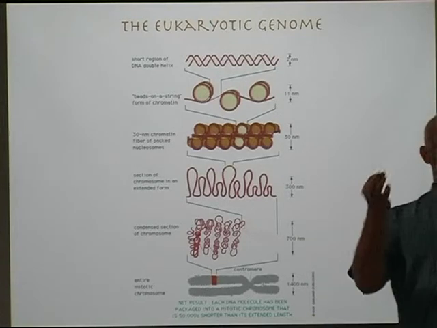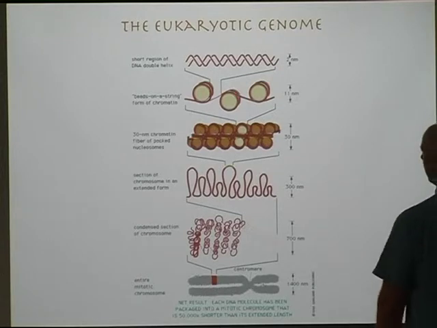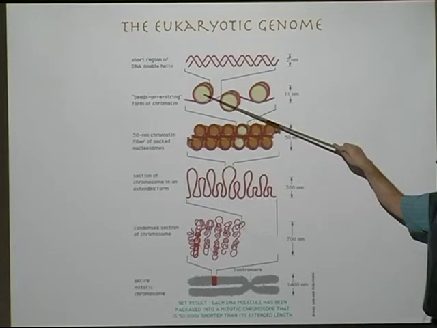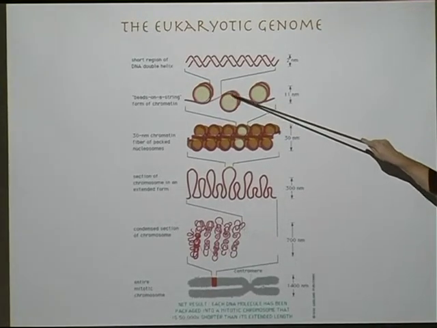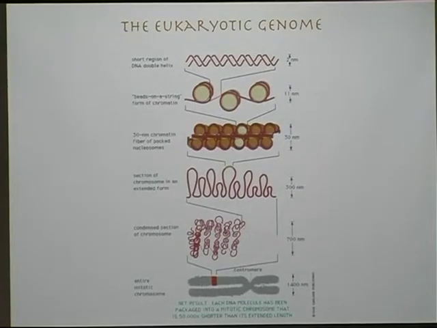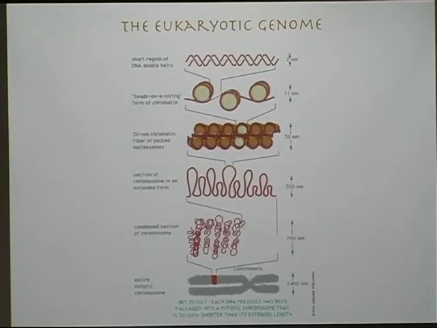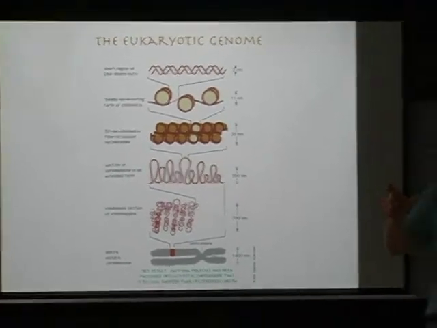On the other hand, a nucleus is of order 5 microns. So the DNA is highly compacted, and one of the ways that it's compacted in eukaryotes is by virtue of histone octamers. That's what these cylinders are meant to represent. 147 base pairs of DNA wrap 1 3/4 times around the histone octamer, and then there's a, say, 25 base pair linker, and then another one, and so on and so forth.